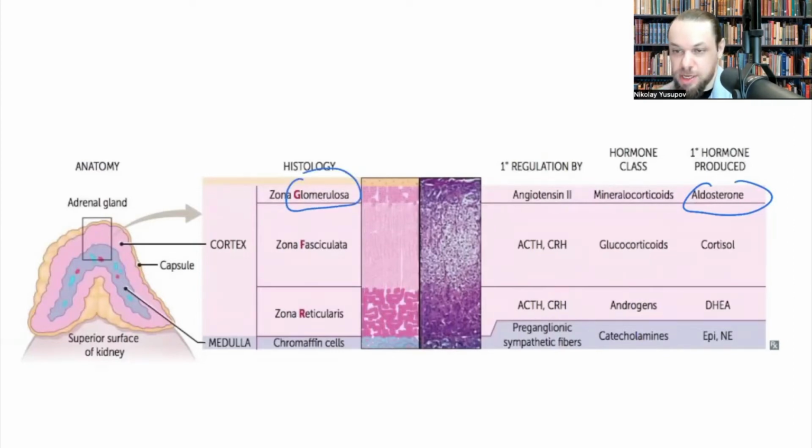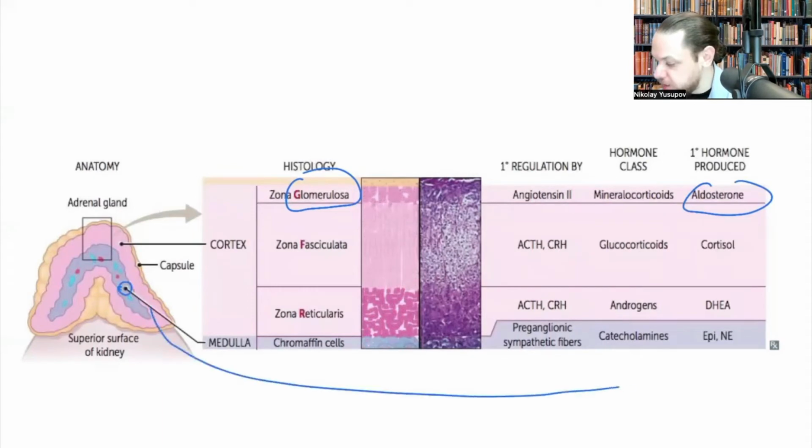And aldosterone helps us with salt and water retention. The medulla portion of it is what secretes epinephrine and norepinephrine. These are your hormones in response to shock status or fight or flight response. Epinephrine, norepinephrine are made in adrenal medulla.